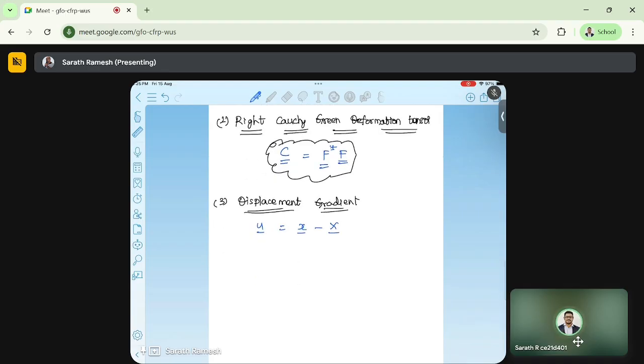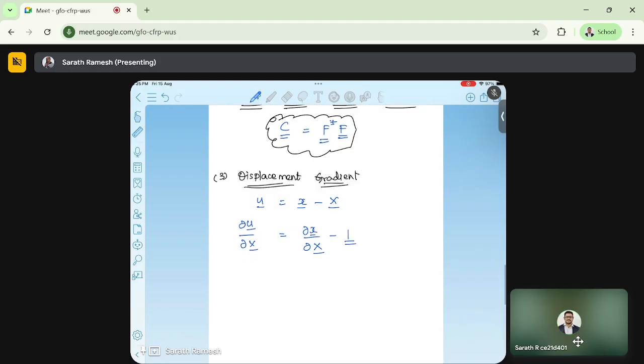Now, if I want to find the gradient of the displacement field with respect to capital X, it will become dou x by dou capital X minus I. So this is nothing but F minus I, and this is H. We represent the displacement gradient using the symbol H. This is the formula for displacement gradient.